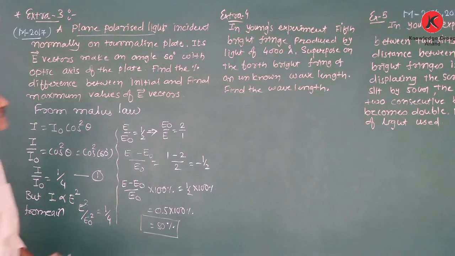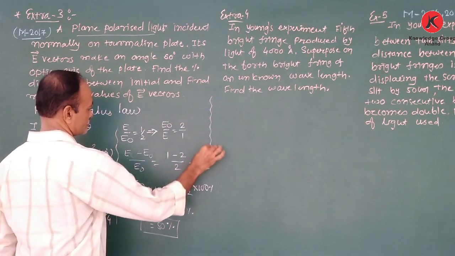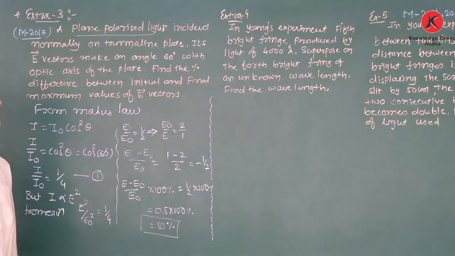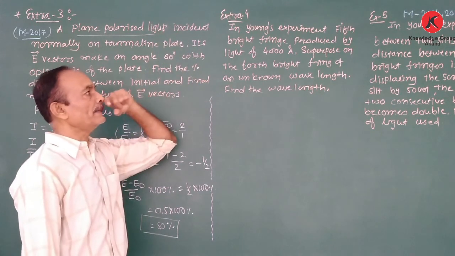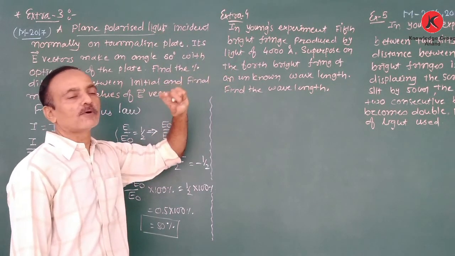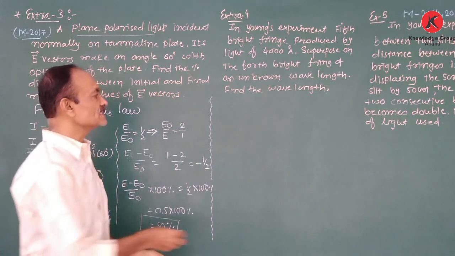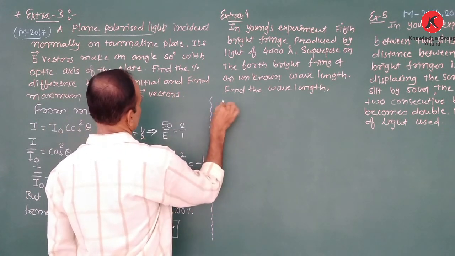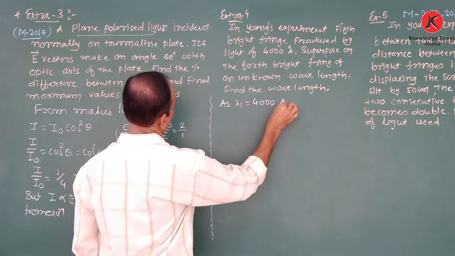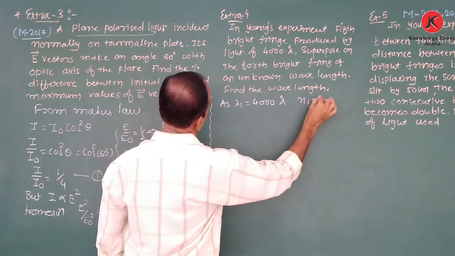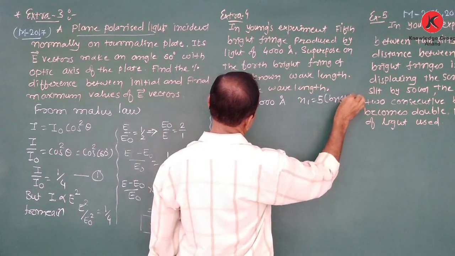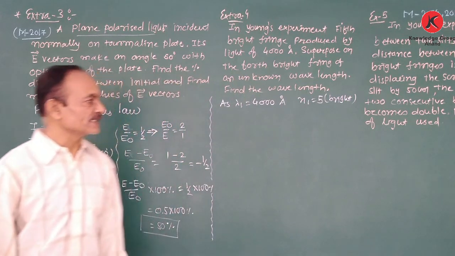Now the next numerical is also important. In Young's experiment, the fifth bright fringe is produced by light of 4,000 angstroms. That means lambda 1 is equal to 4,000 angstrom, and at that time n1 is equal to 5, the fifth bright fringe, at some point on the screen.